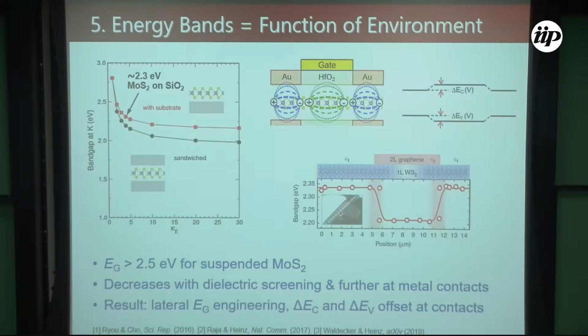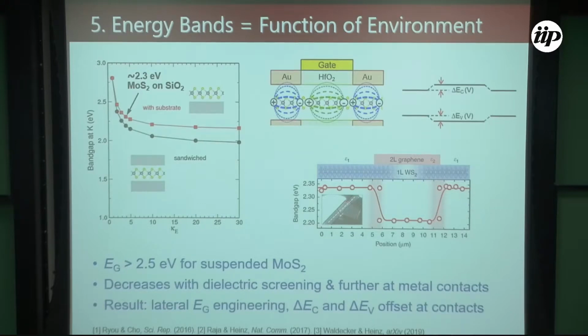That's really measurable. And this really matters for electronics because you're going to end up with extra Schottky barriers at your contacts if this happens. Actually, it does happen. The band gap decreases with dielectric screening, but it decreases even more at the metal contacts, because a metal contact is like having an infinite K. So that's going to be the smallest.